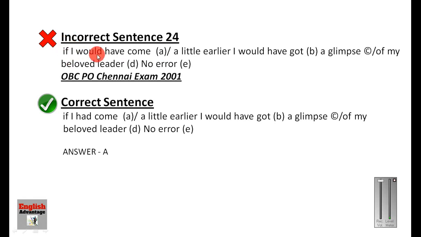So here this "would have" should be replaced with "had". This second "would have" is okay, but here you have to write "had". If I had come, or you can say had I come, both phrases are correct. So this part has to be replaced. Just see here, if I had come, because "had" is paired with "would have".